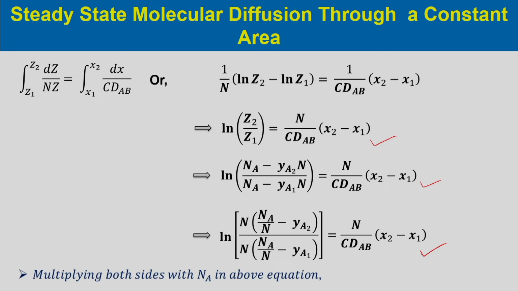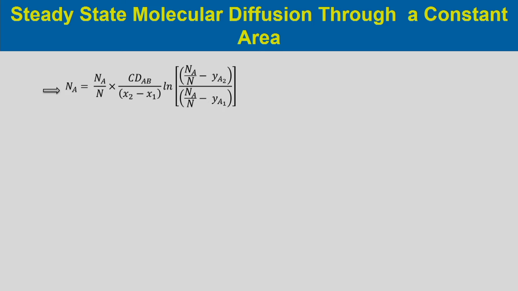Now, if we multiply both sides with NA by N in this equation, we will obtain NA is equal to NA by N into C DAB by (x2 minus x1) ln of (NA by N minus YA2) divided by (NA by N minus YA1).